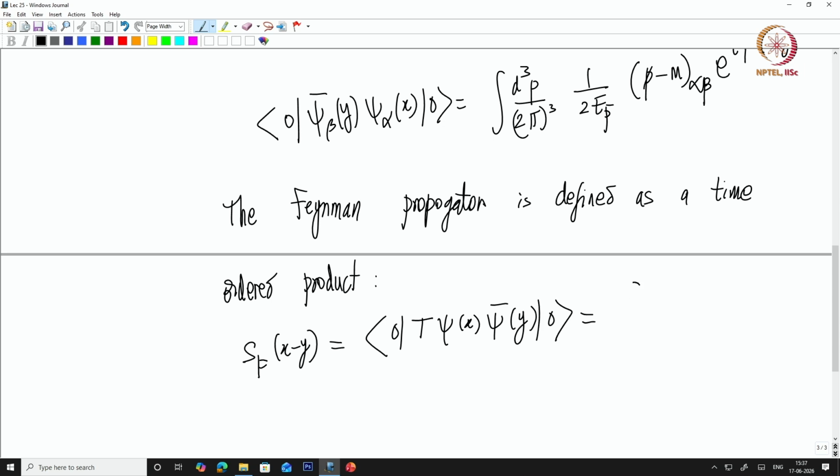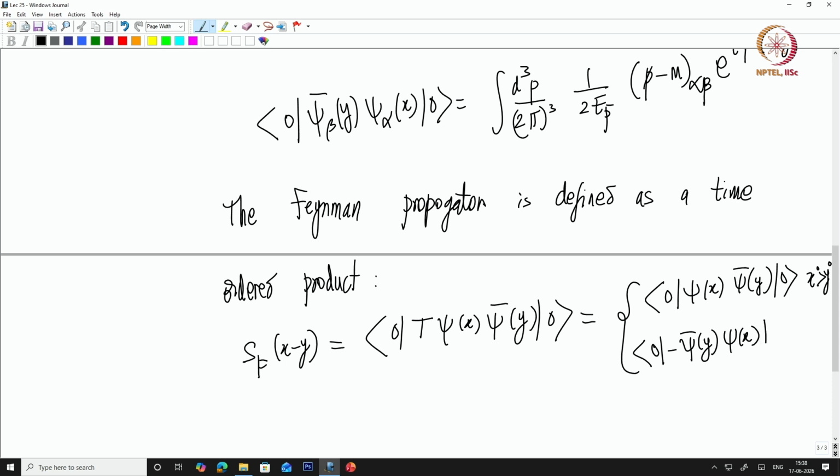This is equal to, careful here, the vacuum expectation value of psi of x psi bar of y when x0 is greater than y0, and then it is minus the vacuum expectation value of psi bar of y psi of x when y0 is greater than x0.